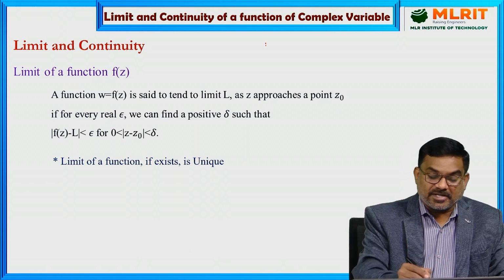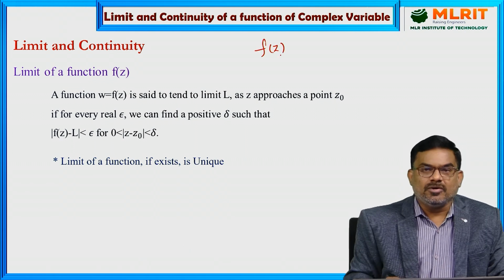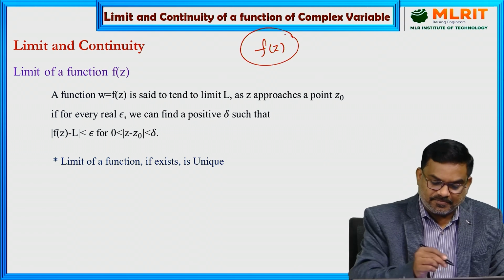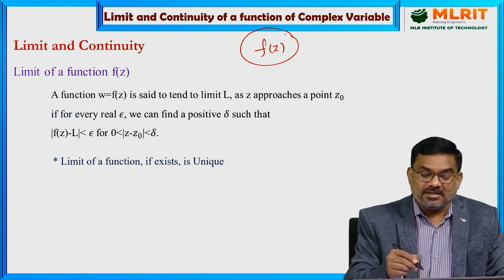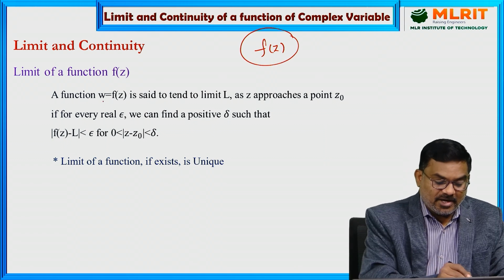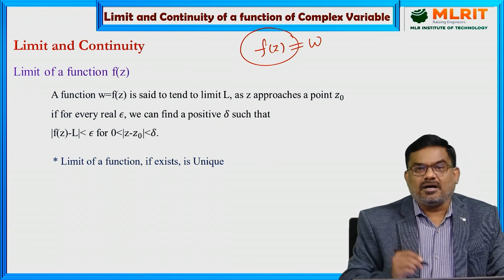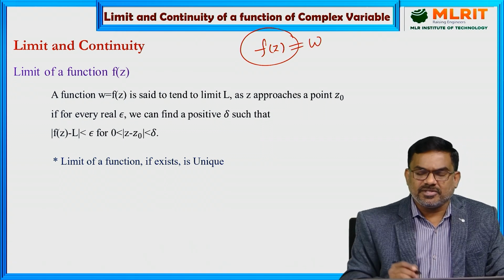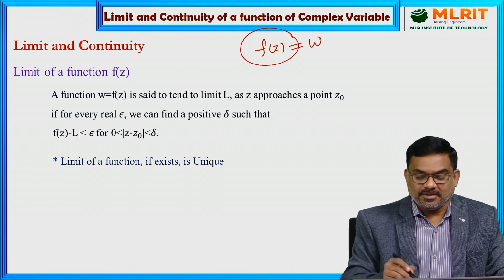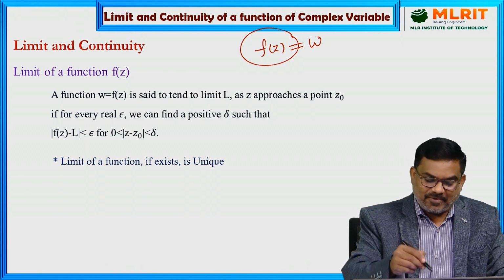Let us consider a function f of z. Now we need to find the limit of this function. Here we know that this f of z is also denoted by w, which is a complex variable. So w is f of z.